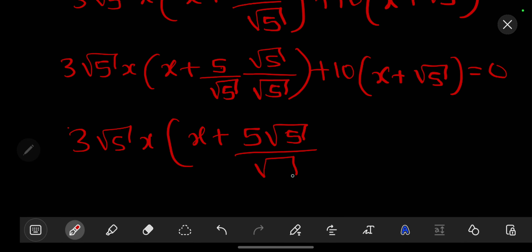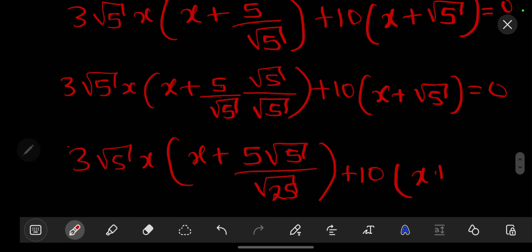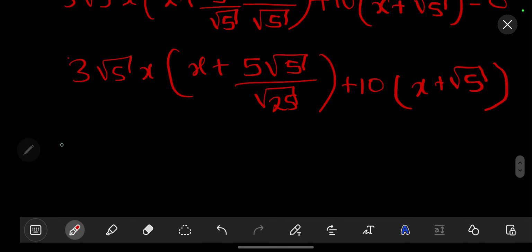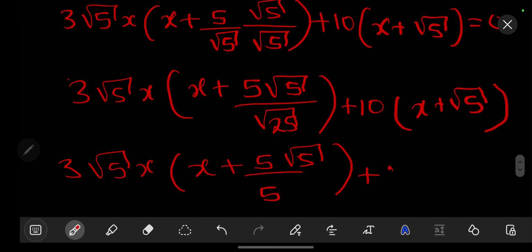You are going to have the square root of 25 plus 10, then x plus the square root of 5 like that. What we are going to remain with is 3 square root of 5 x. Here we have x plus 5, square root of 25 is 5, plus 10, x plus the square root of 5 like that.